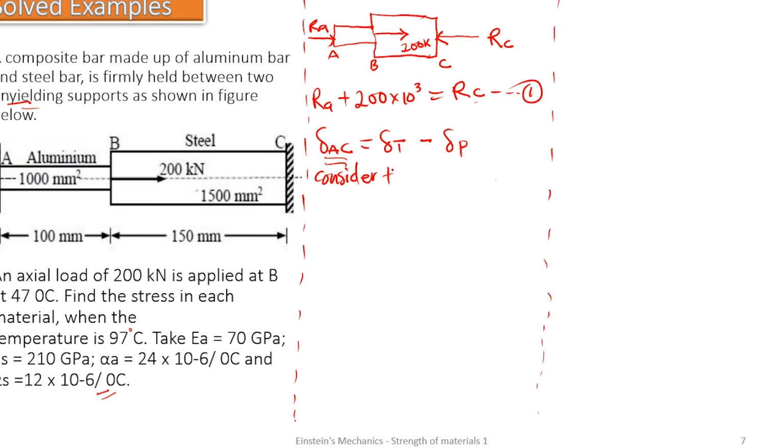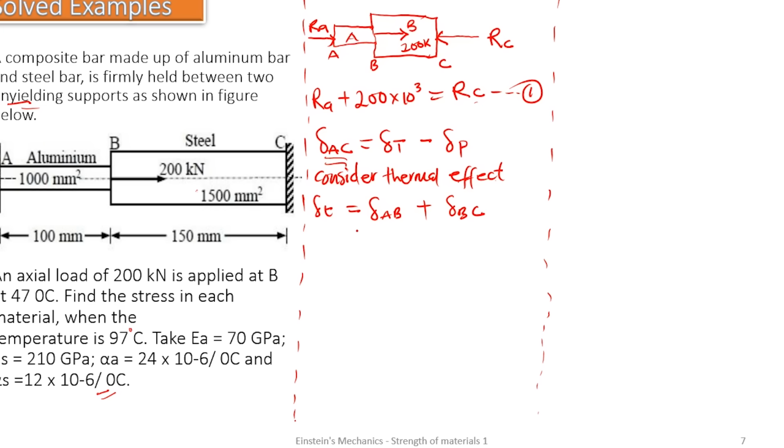Let's consider temperature or thermal effects. We are looking at what the temperature is going to cause. The thermal effect, can we say that the total thermal effect is going to be the thermal effect at AB plus the thermal effect at what? BC. Yeah, it makes sense. Now the entire elongation that will be produced by the temperature change, since they are of different materials, it is the one of A and the one of what?